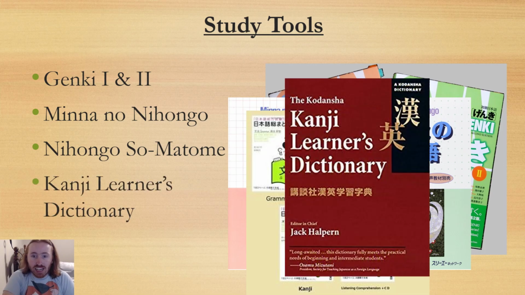I also have listed here what's called the Kodansha Kanji Learner's Dictionary. It's every kanji in the language, and this is the thing that you want to refer to when you start getting much deeper into the language and are regularly using kanji, and you want to start learning the meaning of strokes.